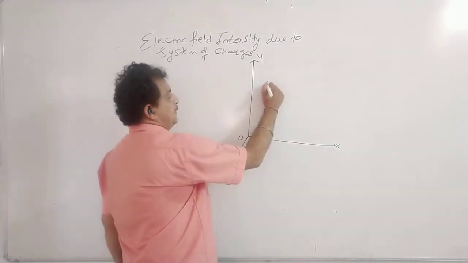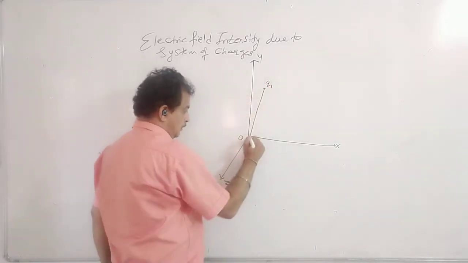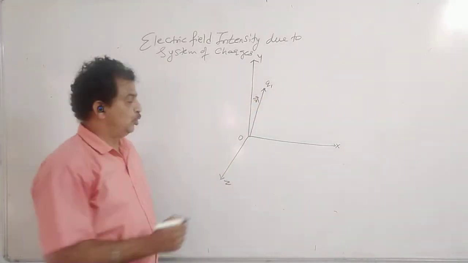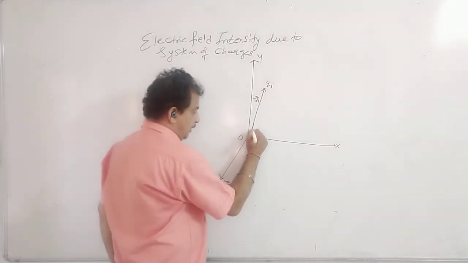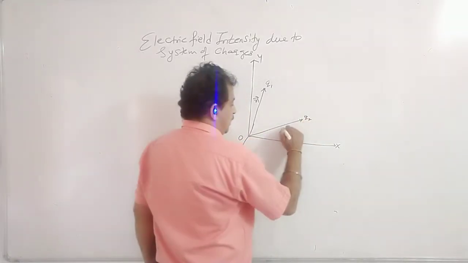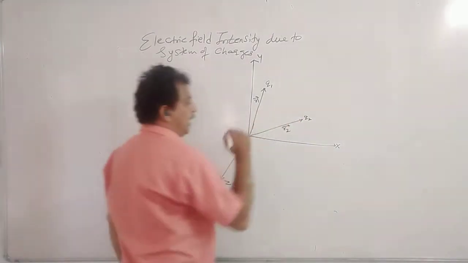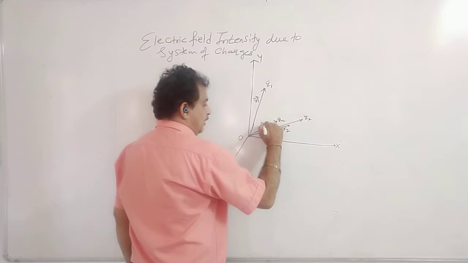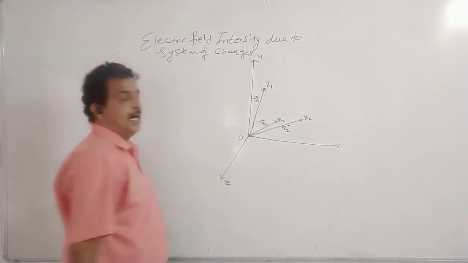We have charges, say Q1, whose position vector is R1. Similarly, Q2 having position vector R2, then Qn having position vector Rn.